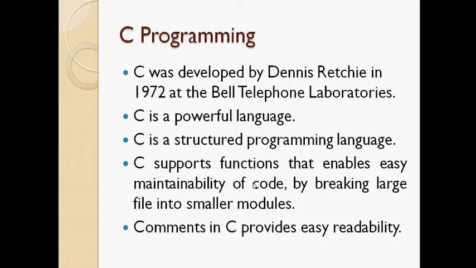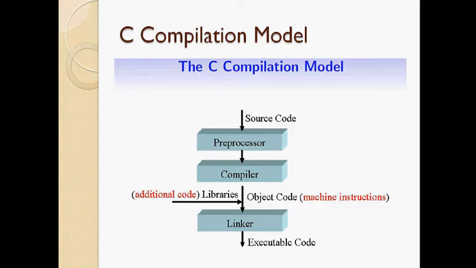Now coming to the next topic. Talking about compilation. Compilation is the process of converting source code into object code. If I need to specify this by a model, my source code comes in and it compiles.